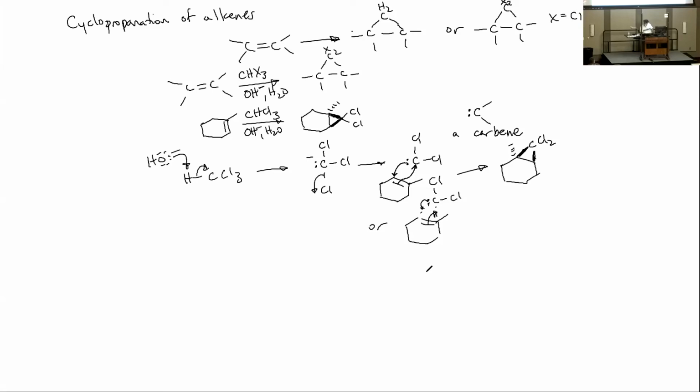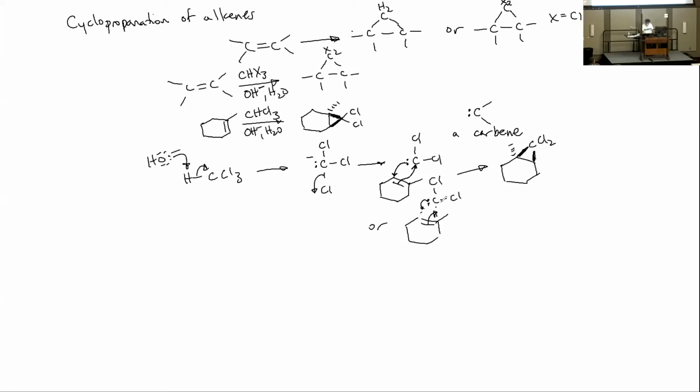The lone pair electrons in the carbene point to one of the two alkene carbons, it doesn't matter which, and then the pi bond forms a bond from the other alkene carbon to the carbene carbon, and you get the product all in one step.